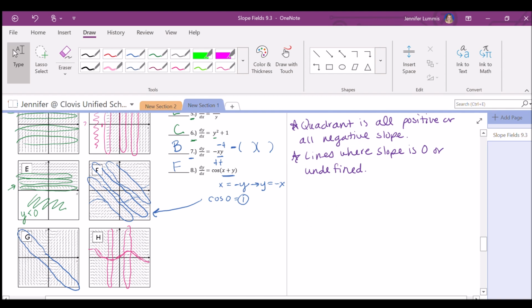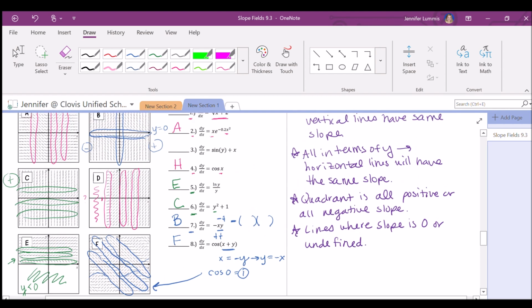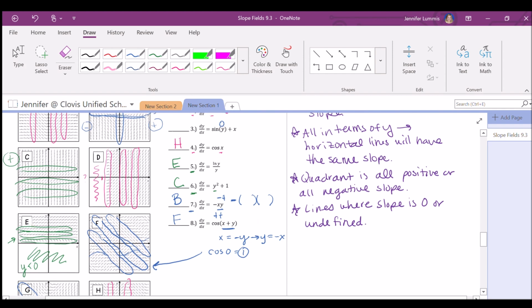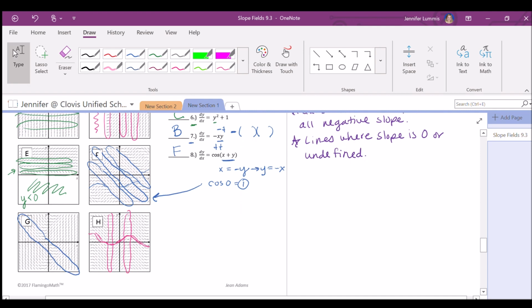So just looking at maybe some values like sine of 0 is 0. So anytime y is 0, we're on the x-axis. So that means that the x-axis values are just going to depend on x at that time.